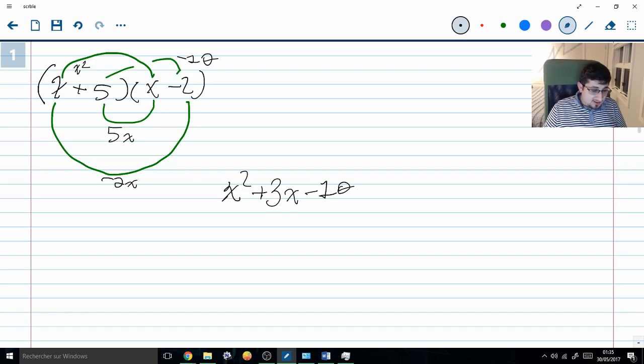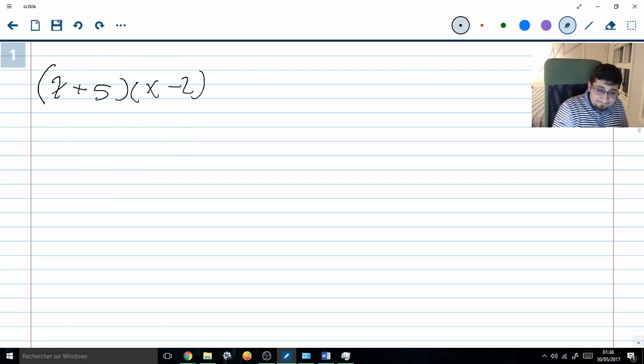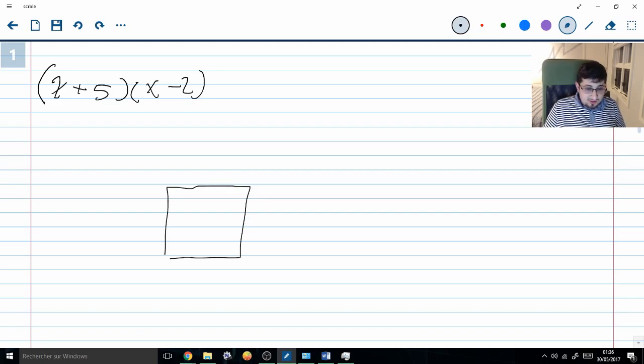However, the grid method can give you the same exact answer, except it makes this a little more organized. I'll show you what I mean. Now for the grid method, you essentially want to make a grid. Thank you, Captain Obvious.